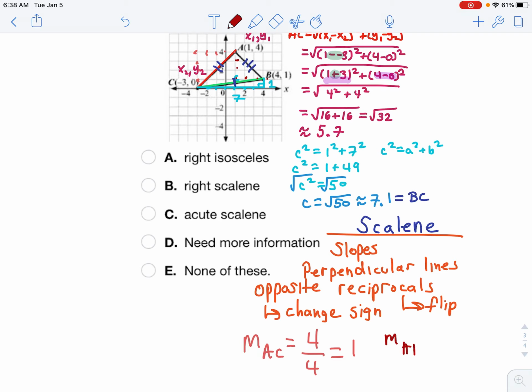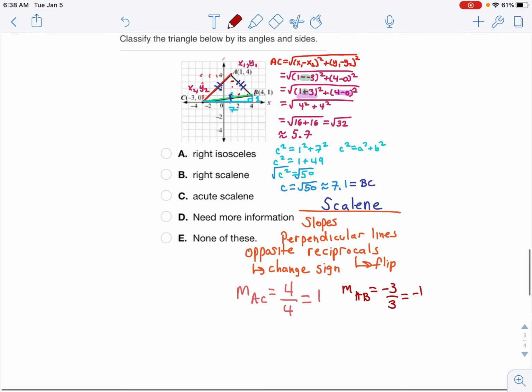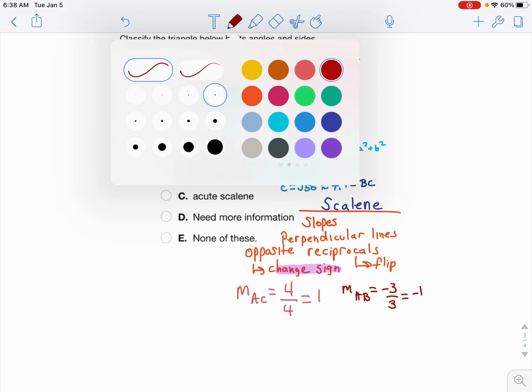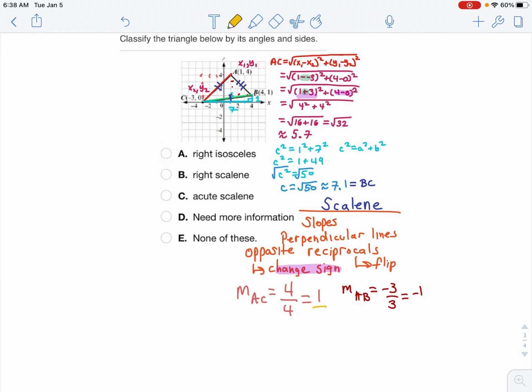Slope of AB is down 3 over 3, which is -1. Now, we changed the sign, so that part, check. And when you flip 1, remember every number is technically over 1, we just don't write it. So 1 over 1 flips to 1 over 1. So we changed the sign and we did flip. So that means it's perpendicular lines. That means we have a right angle. That means it's a right scalene triangle.